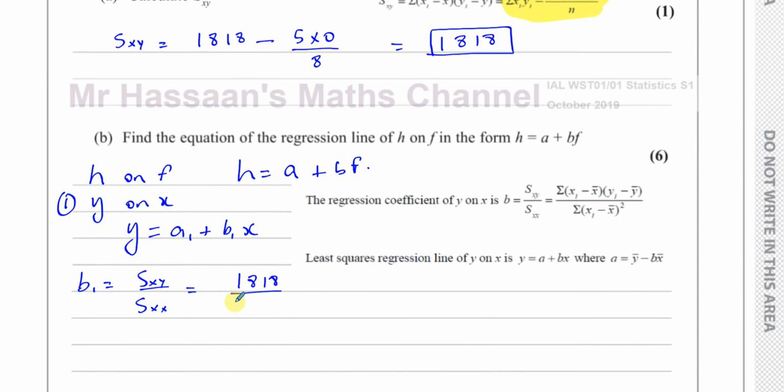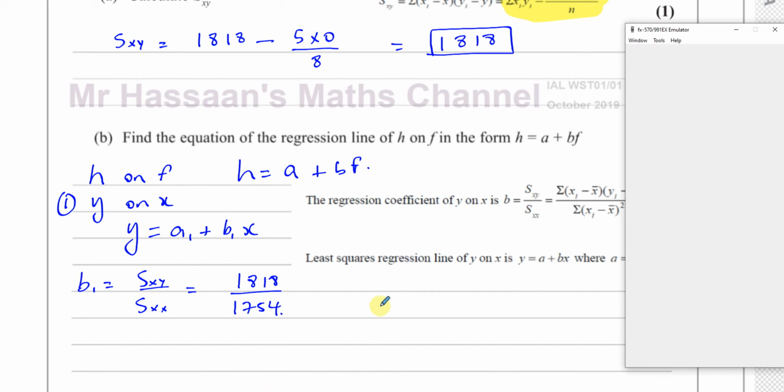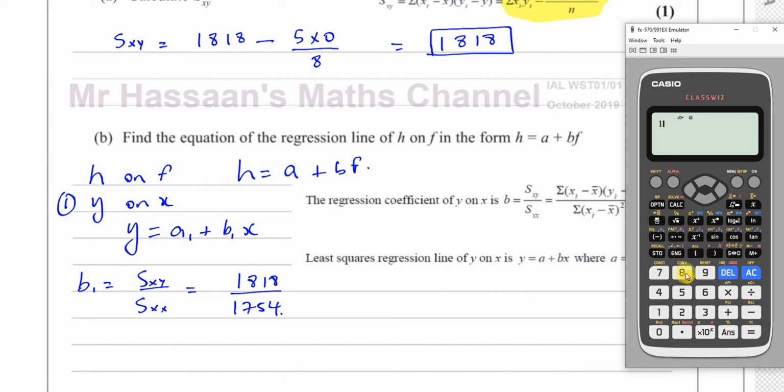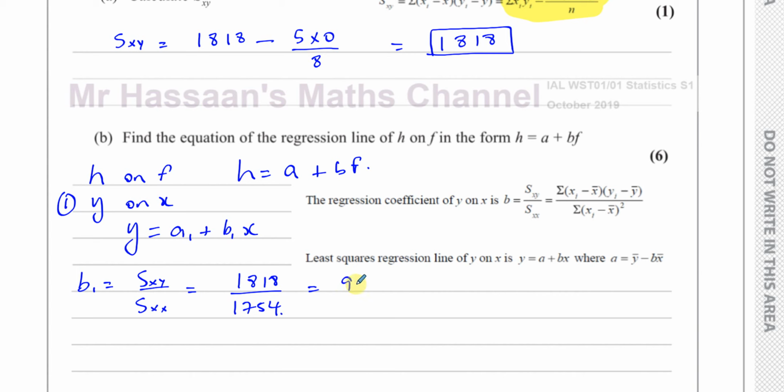Let me just work out what that gives us. 1,818 over 1,754 gives us 909 over 877. I'll leave it like that for now. So that's what B1 is, 909 over 877.